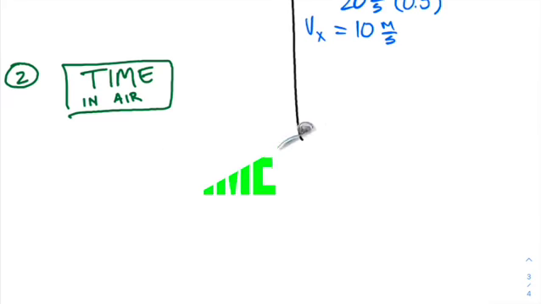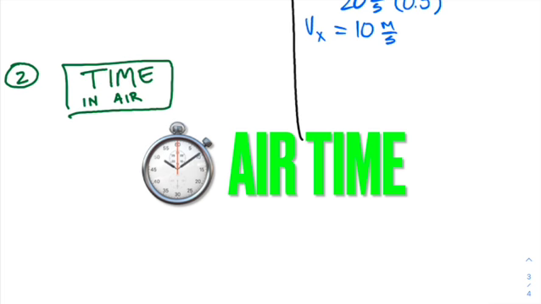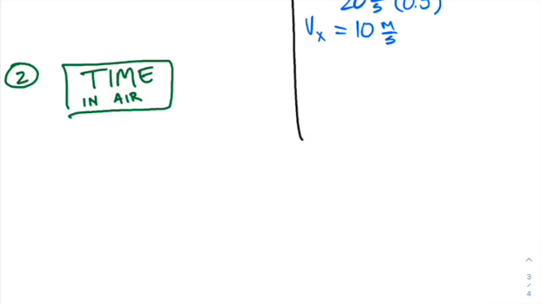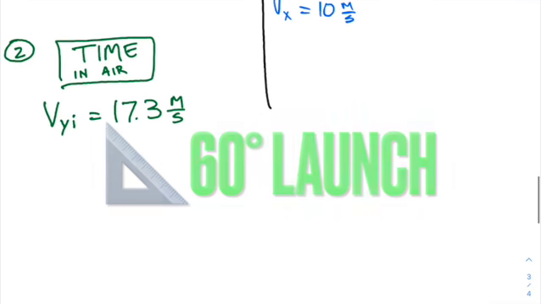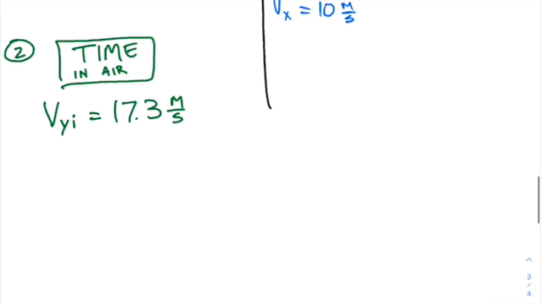Remember, step 2 is to figure out how long it spends in the air. So the initial vertical velocity in the y direction is 17.3 meters per second when it's shot at a 60-degree angle above the horizontal. So how long does it spend in the air?